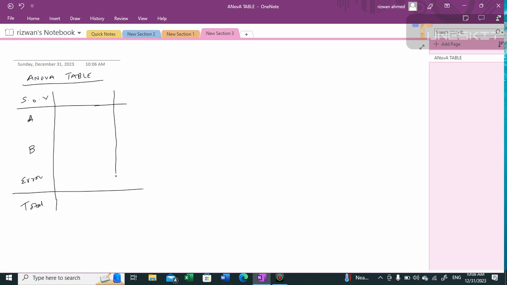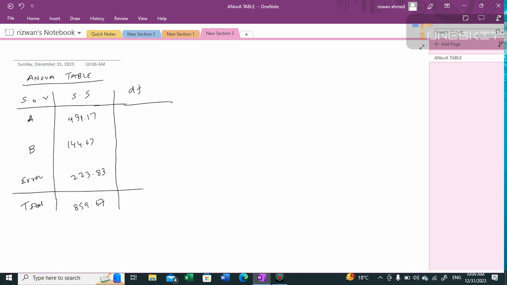So the sum of squared values are 859.67 for total, for A this is 491.17, for factor B this is 144.67, and for error this is 223.83.